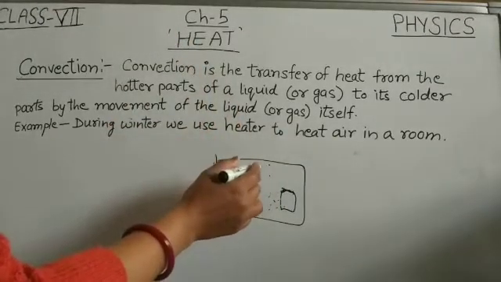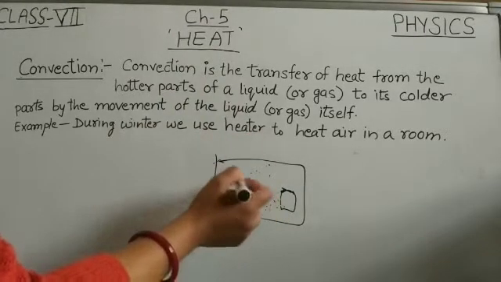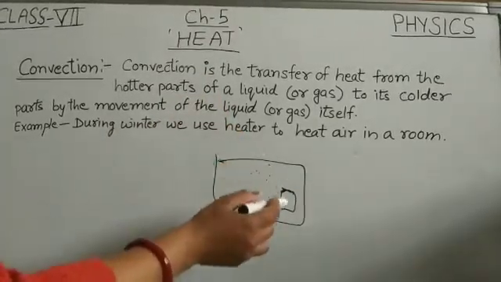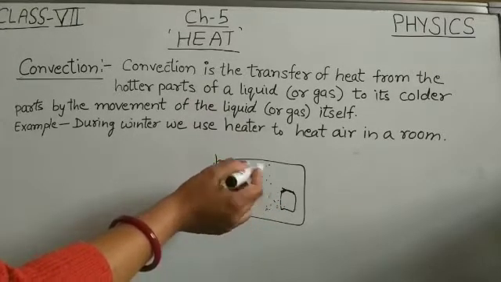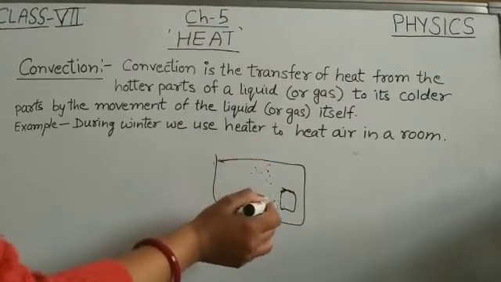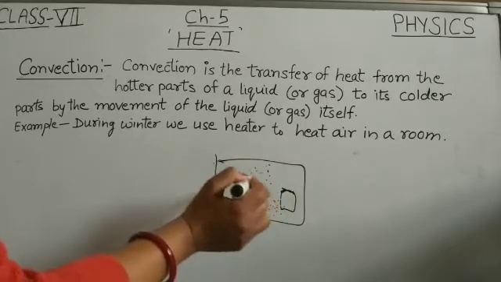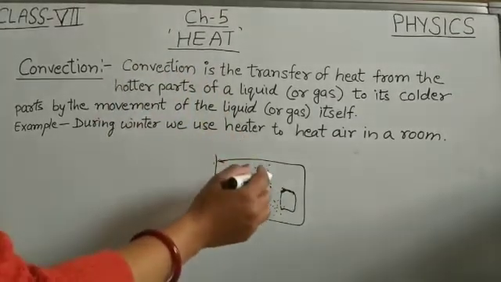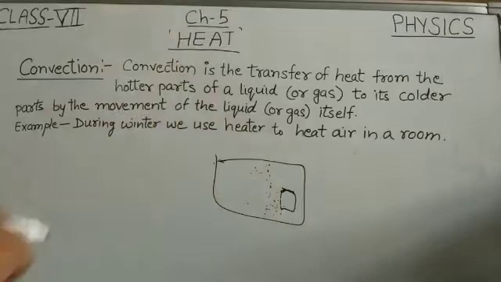The cold air from above sinks downwards to the bottom of the heater to take the place of the hot rising air. This cold air gets heated by the heater and rises upward, carrying its heat upward. This process of hot air rising upwards and cold air sinking downwards takes place again and again, due to which all the air in the room gets heated uniformly after some time. So a room heater heats all the air in a room by setting up convection currents in the air.